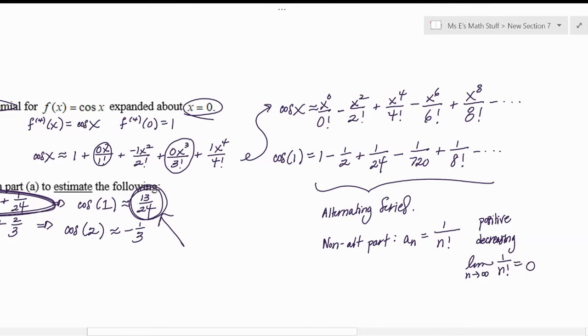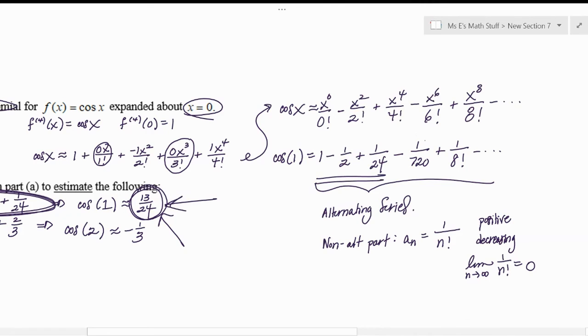So what does that mean? That means that the cosine of 1 is represented as an infinite convergent alternating series. And because of that, we can use the alternating series remainder theorem. So when we figured out that cosine of 1 was approximately 13 over 24, we just used basically the first 3 terms.